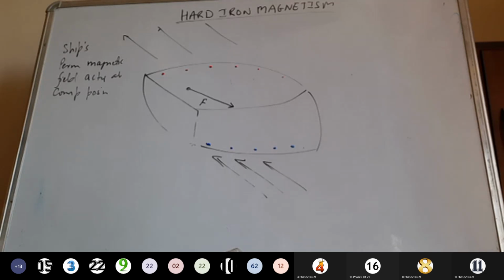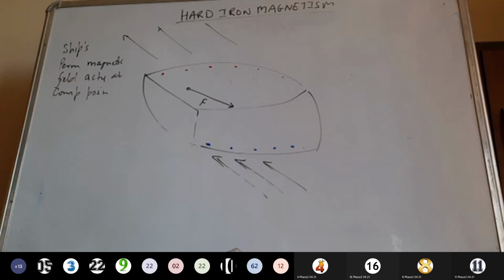If we know only F acting at the compass position, it is of no use, because we cannot do anything with this information. But if we resolve this force into horizontal and vertical components, we can calculate the deviation caused by those components, and then we can correct them.